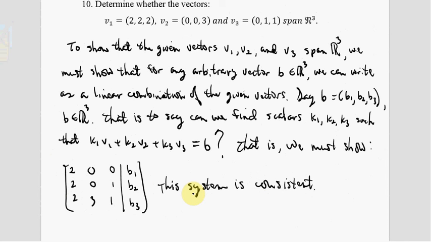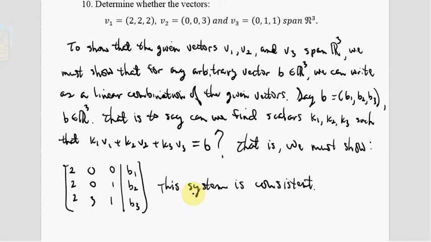If the determinant is not 0, this crazy problem that I can't work is consistent. Who cares about B1, B2, and B3? Just give me the coefficient matrix, 2, 0, 0, 2, 0, 1, 2, 3, 1, and find its determinant.